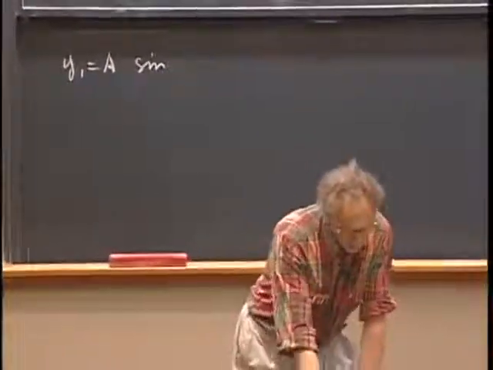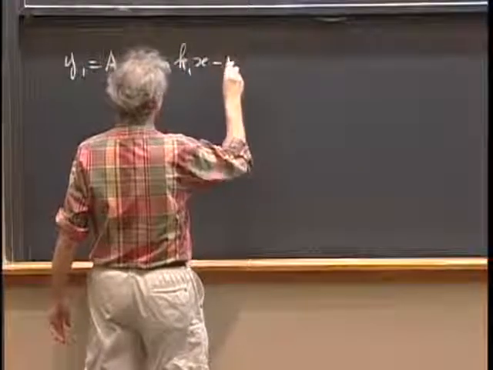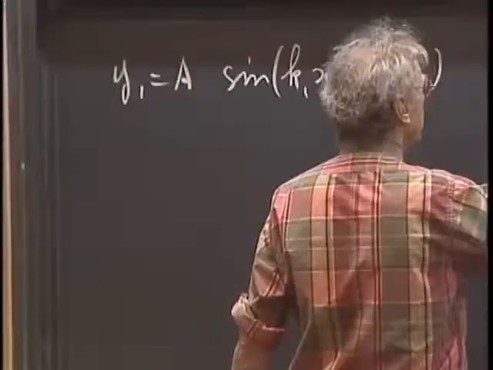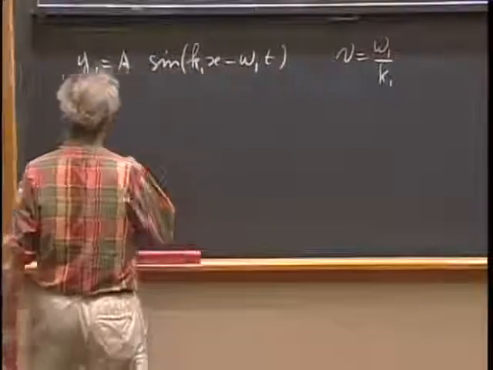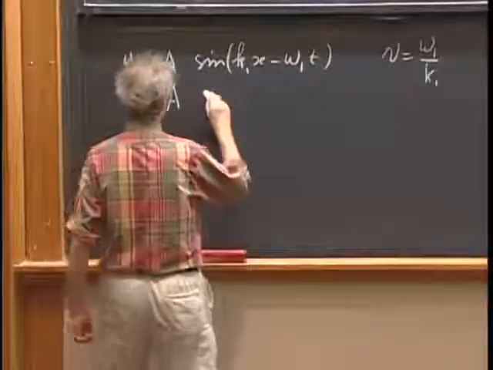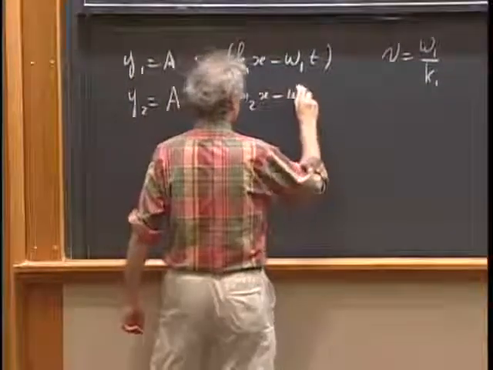So we get a sine of k1x minus omega 1t, and so the speed of propagation is omega 1 divided by k1. And then I have a second one, which for simplicity I give the same amplitude, the sine of k2 times x minus omega 2t.